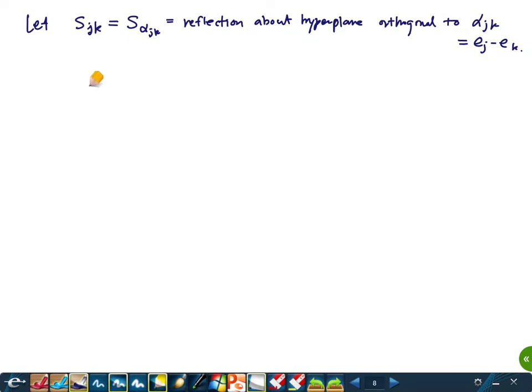Let's just consider the plane spanned by e_j and e_k. We have 2 vectors, e_j and e_k, and then we can find the span of these 2 vectors. Now we have a plane. Now what is e_j minus e_k? It looks like something like this. This is minus e_k. It's e_j minus e_k, or if you want, alpha_jk.